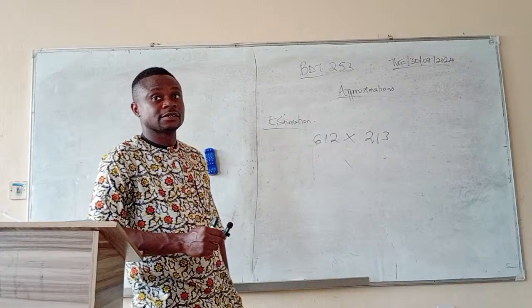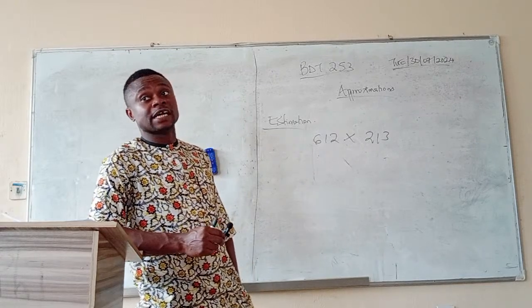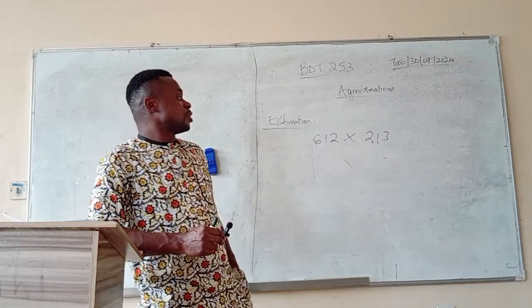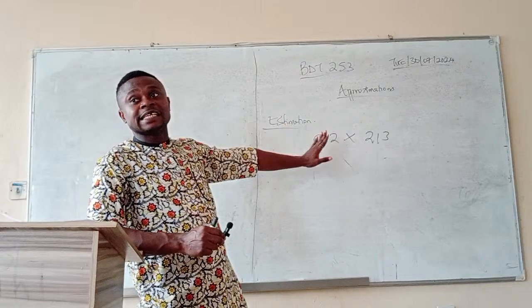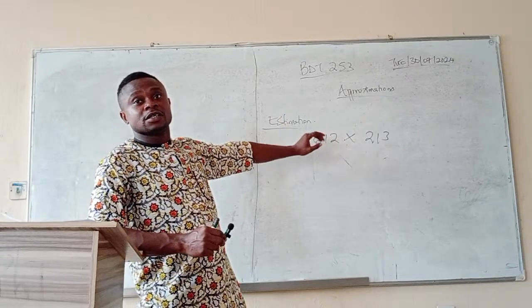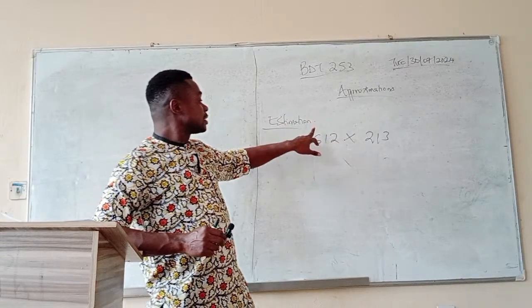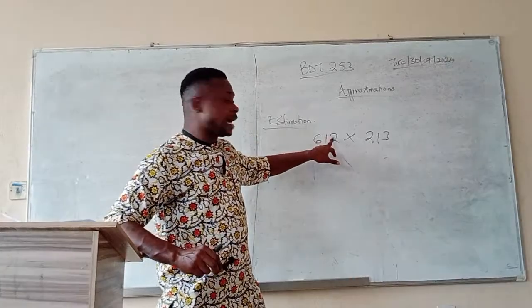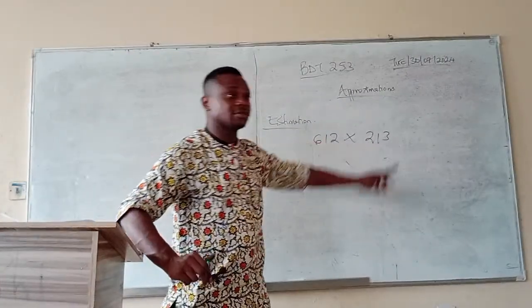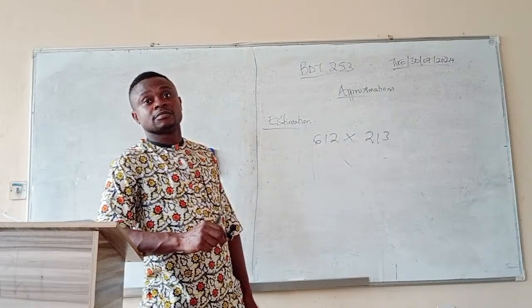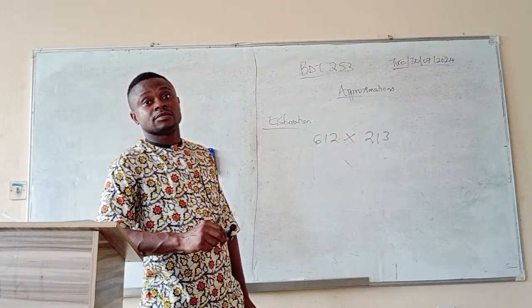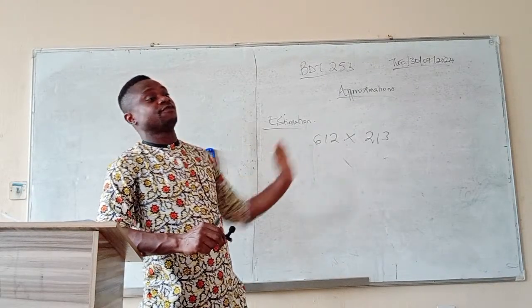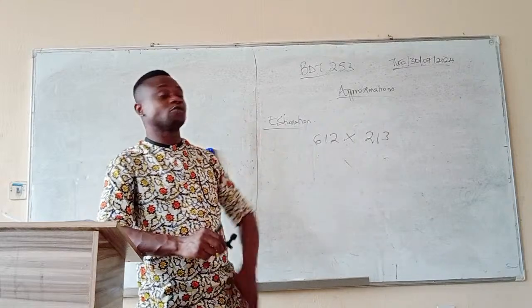Okay, 120,000. Just see what I did. I just did 6 times 2, which is 12. And I then add 4 zeros. 12, then 4 zeros. It's 120,000.